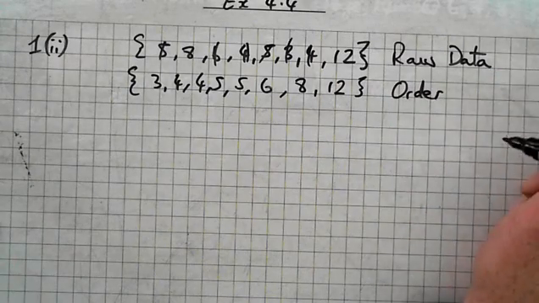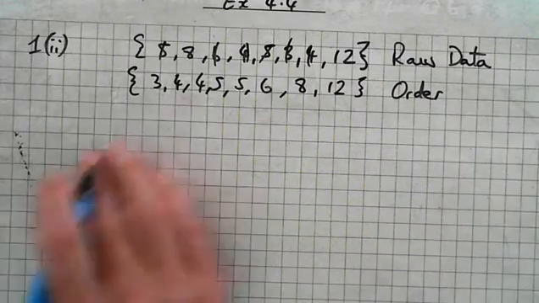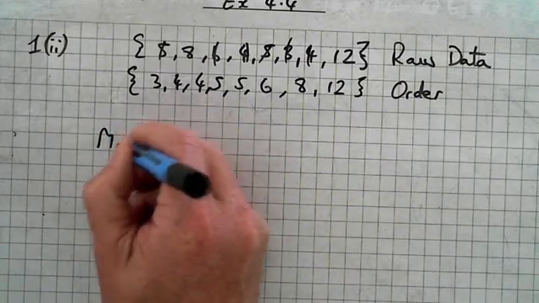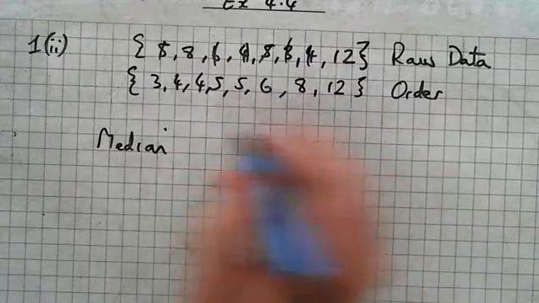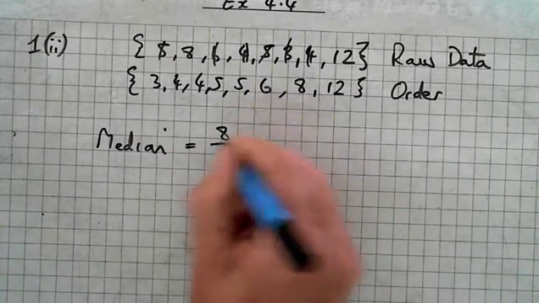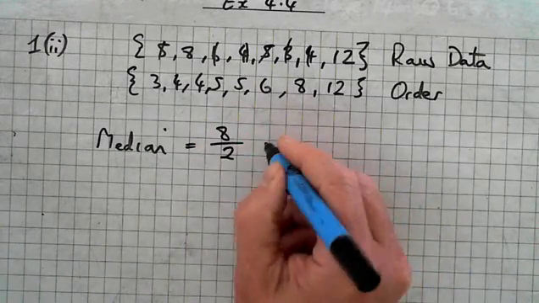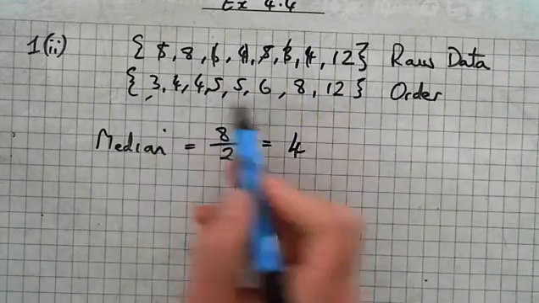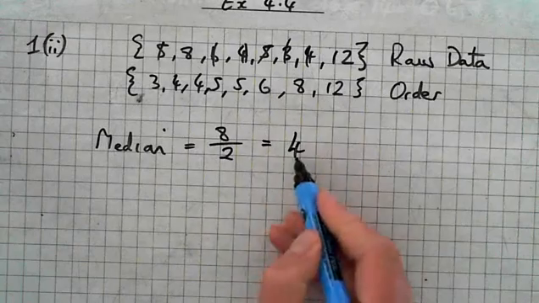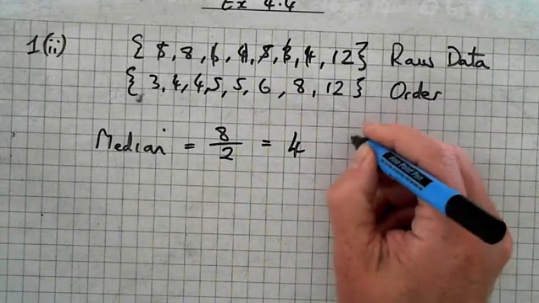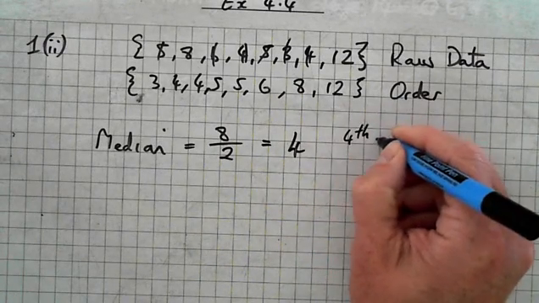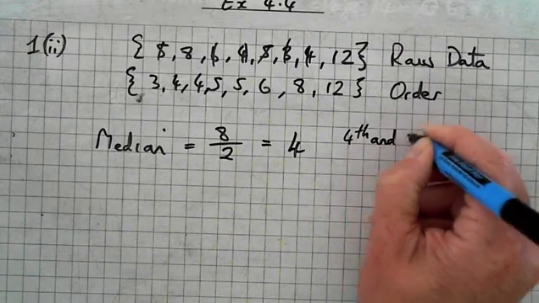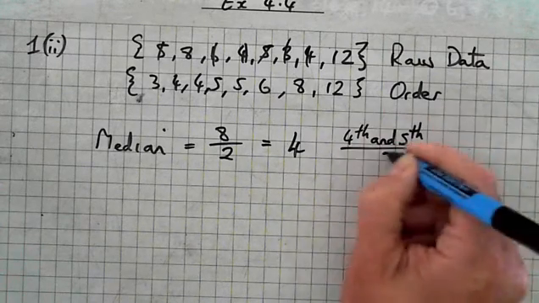Okay, so we'll go ahead and get the median. How many numbers are there? There are 8 numbers. For the median we divide by 2. The answer is 4. Do I pick the 4th number in this case if the number is even? No, I pick the 4th and 5th number and I divide by 2.